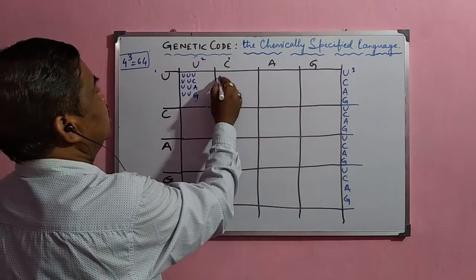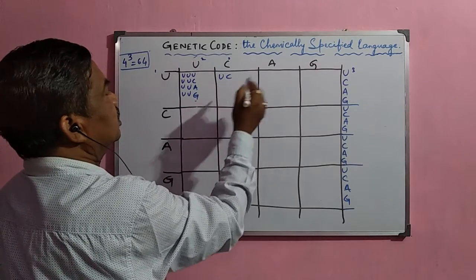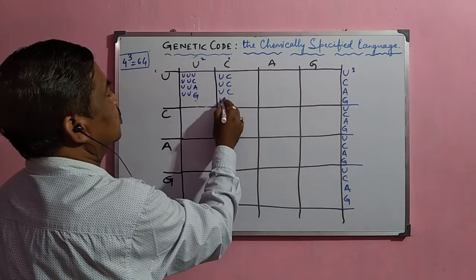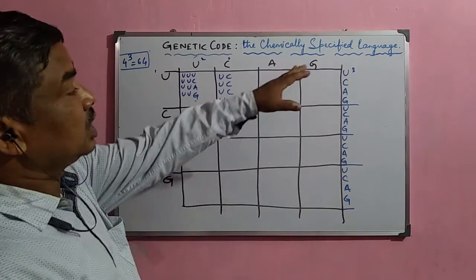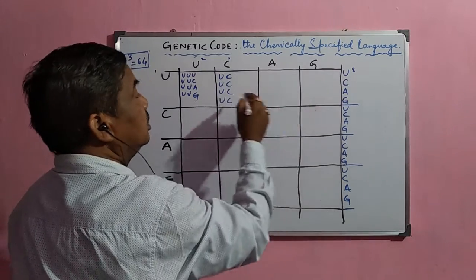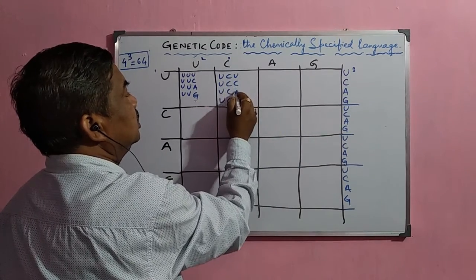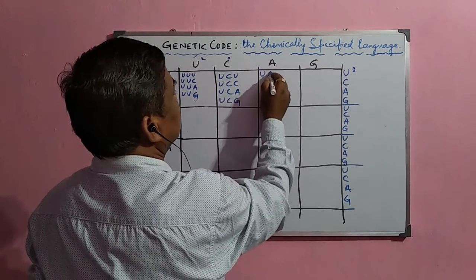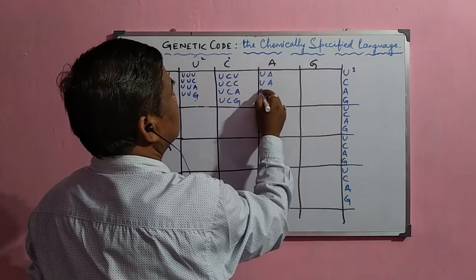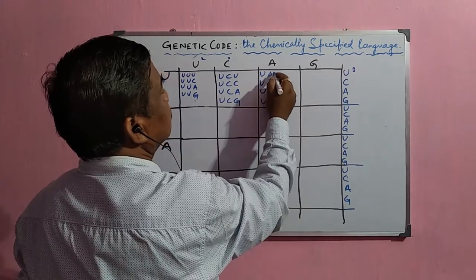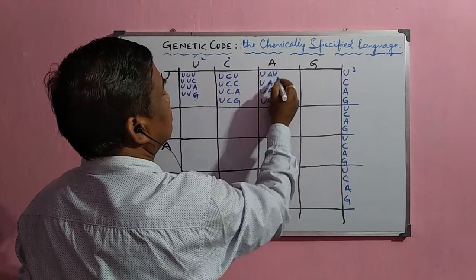Then what will happen? UC is constant, but the third one will change. That is U, C, A, and G. And here UA is constant, and the third one is UCAG.